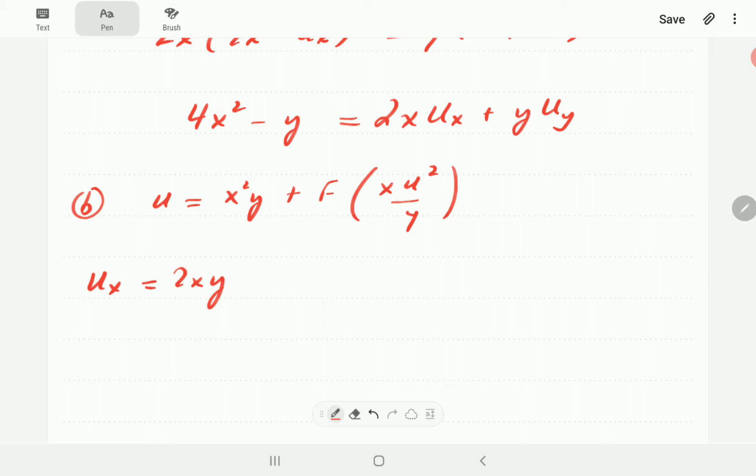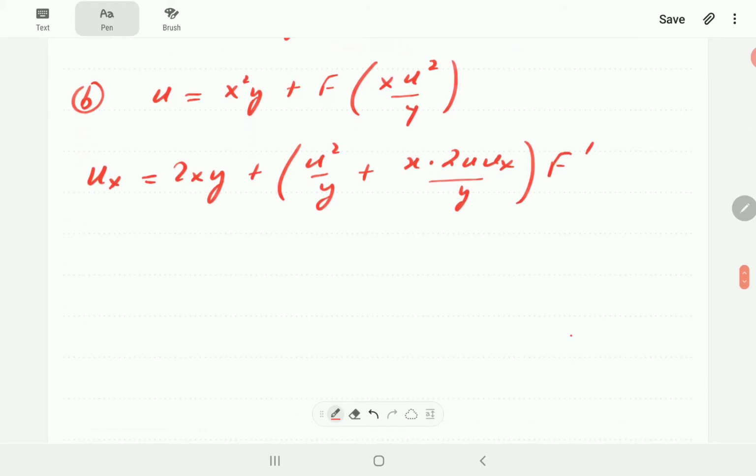So if we use the product rule, then this is going to be plus u squared over y. If we just differentiate the x, then we are now going to keep the x fixed and differentiate the u, so it's going to be 2u ux over y, and then this is all going to be times f prime. Now again, we can make f prime the subject of the formula here.